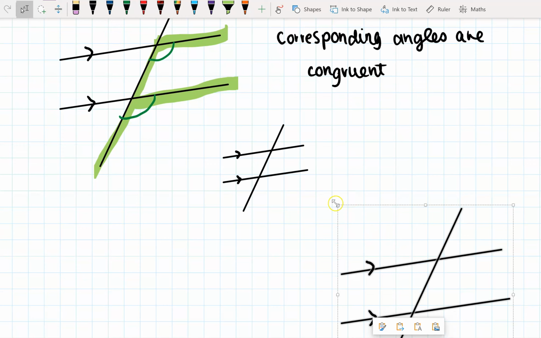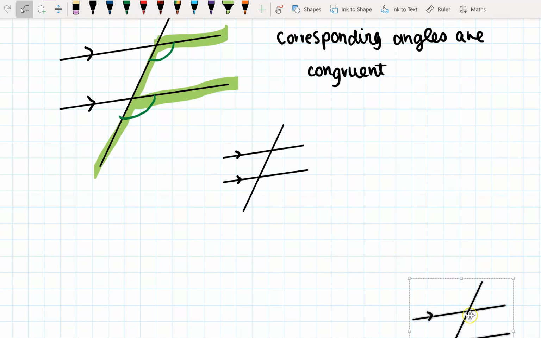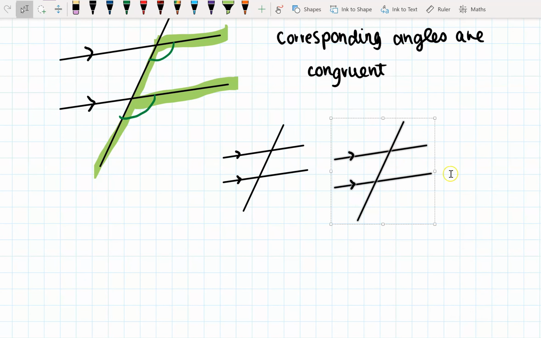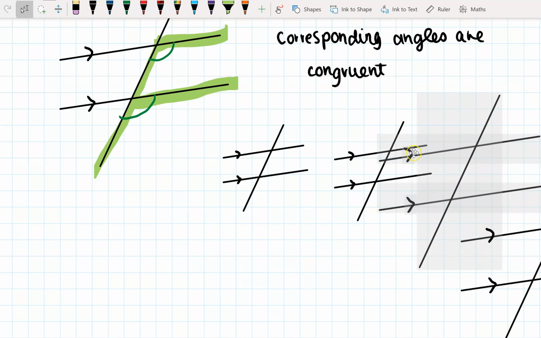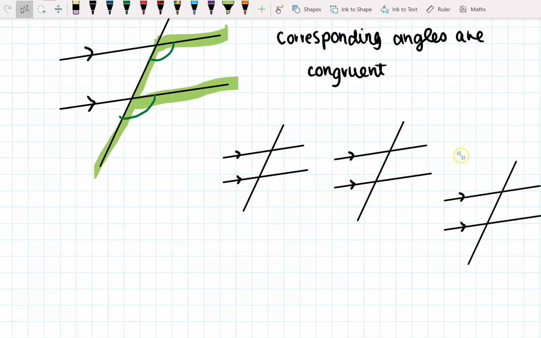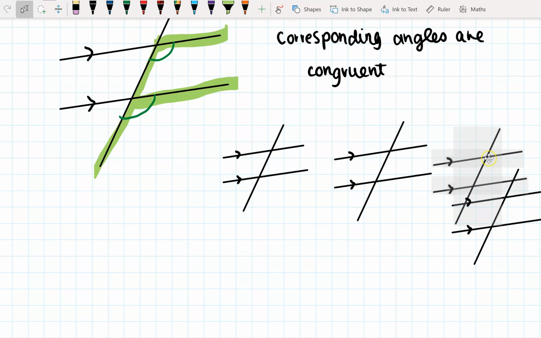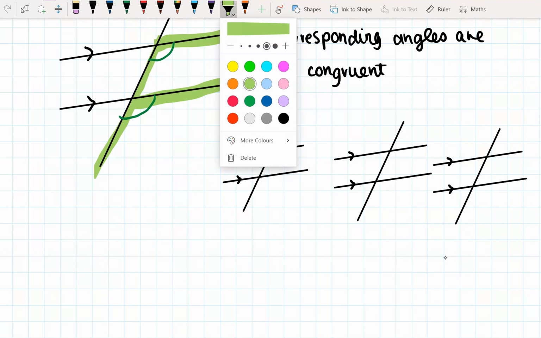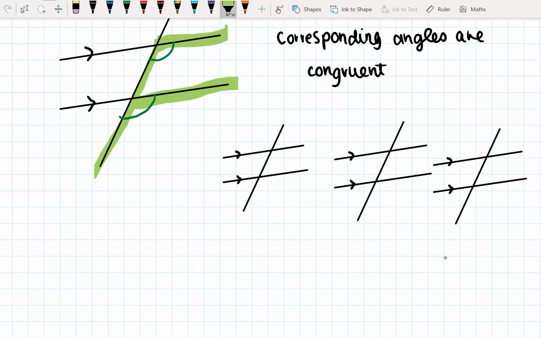So there's the one that we already did, and then we're going to have some little guys just to show you some different ways that you can find that F. You can also find the F backwards. This is also an F. This is also corresponding.